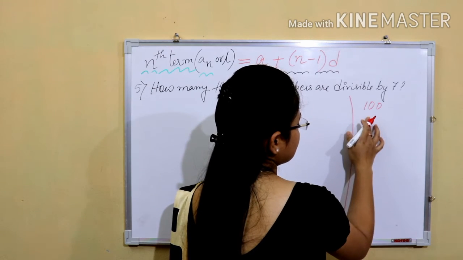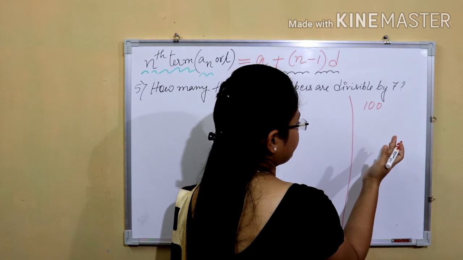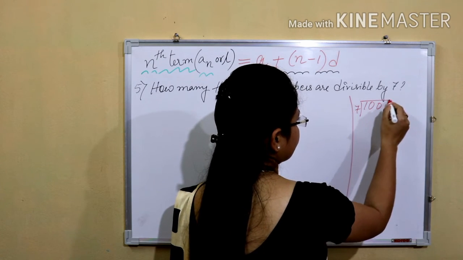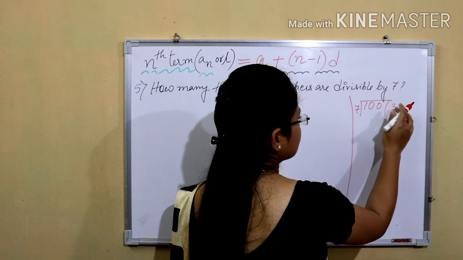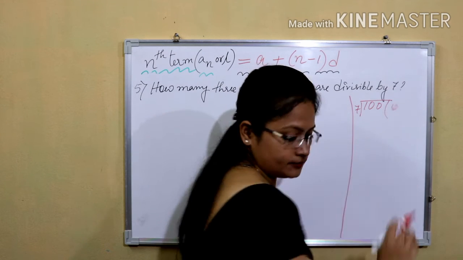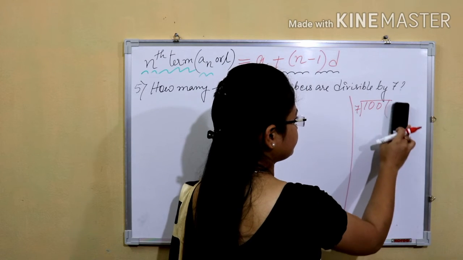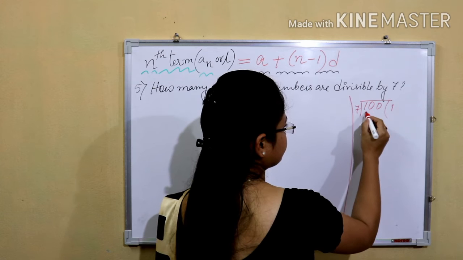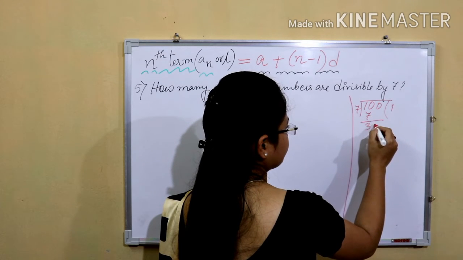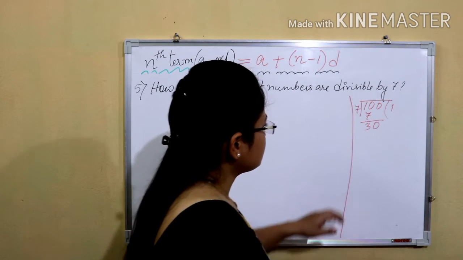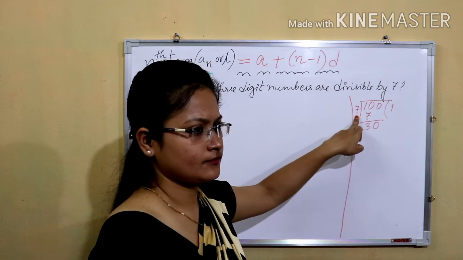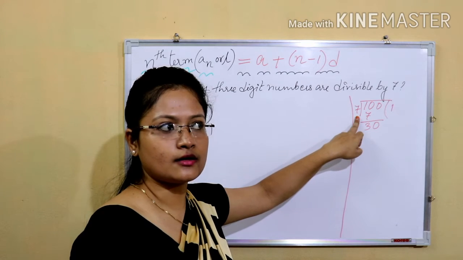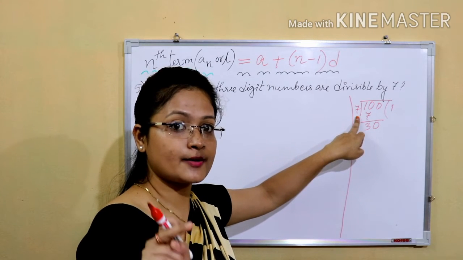If this 100 is divided by 7, the remainder we get is 30. In the 7 table, 7 fives are 35.